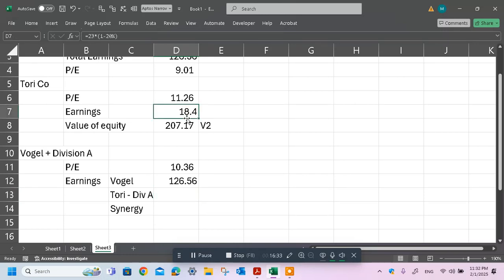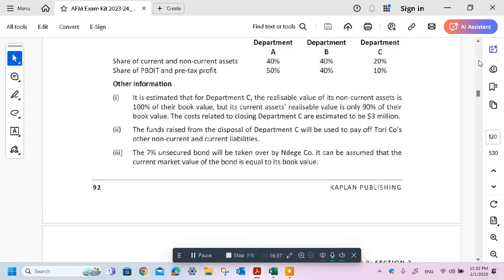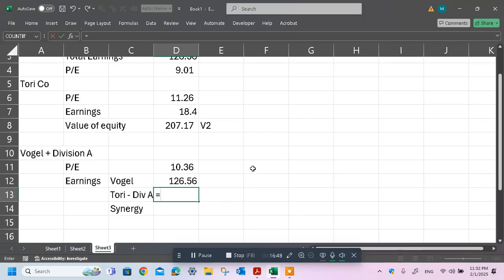This is Tory's total, A, B, C all together. Division A, how much? A table is there. Department A's share of profit is 50%. 50% profit is from division A. So earnings multiplied by 50%. There you go. That's Tory division A earning.